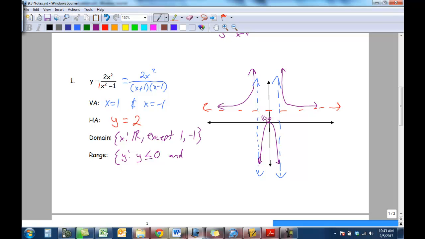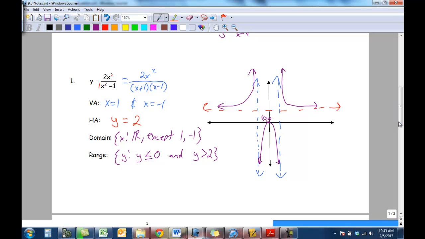And now our range is this is the dead space, but at 2, everything higher than 2 has got a graph. So it's going to be y is greater than 2. So the range is a little bit tricky now. We got to look at graphs and analyze them and see what's up.